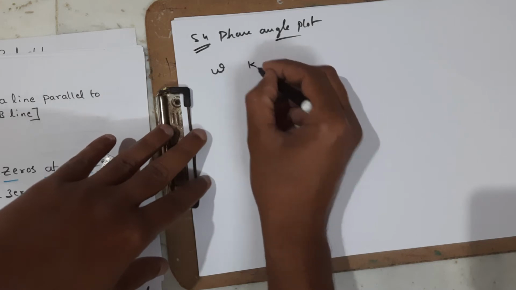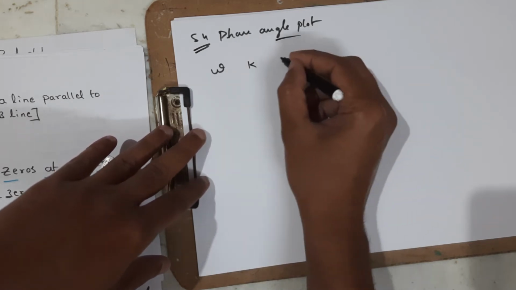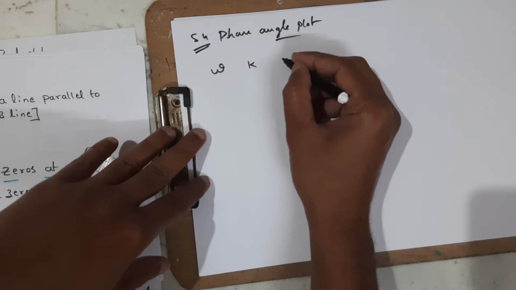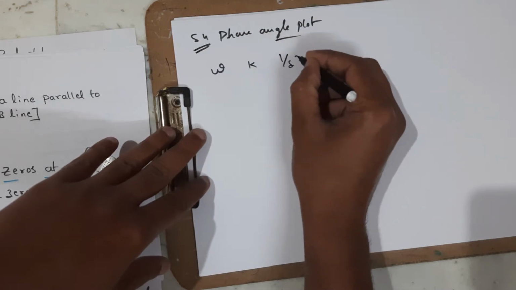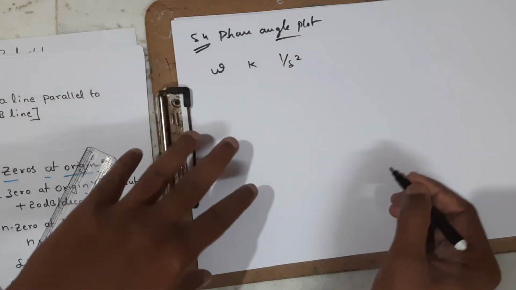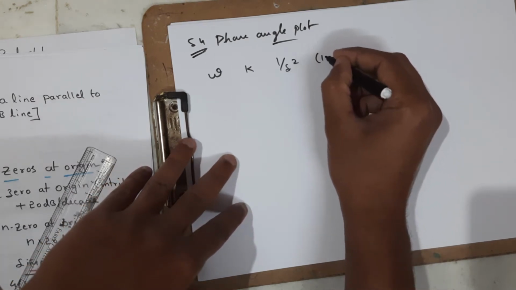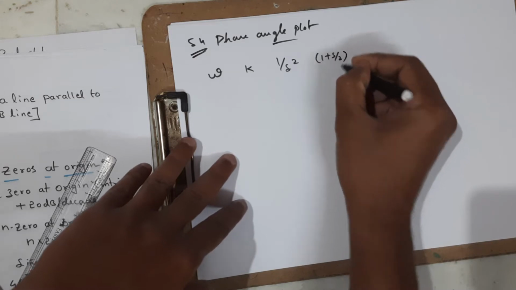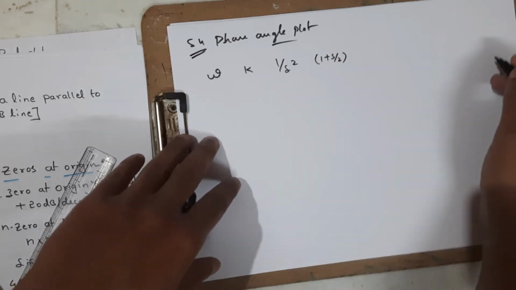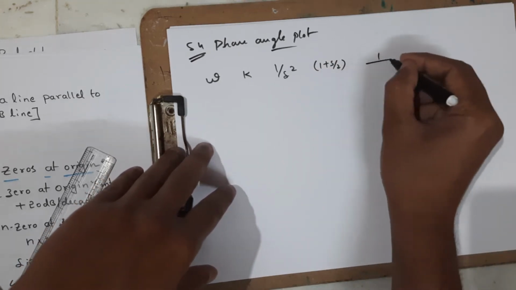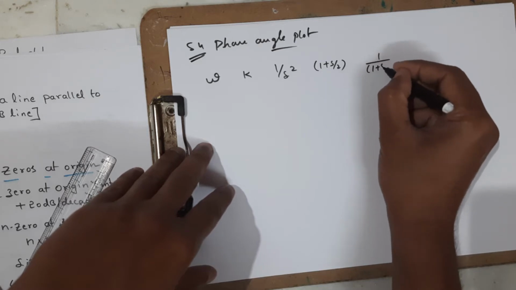K is there, right? Then we have two simple poles, that is 1 by s square. Then we have a simple zero, that is 1 plus s by 2. Next we have a simple pole, that is 1 by 1 plus s by 10.